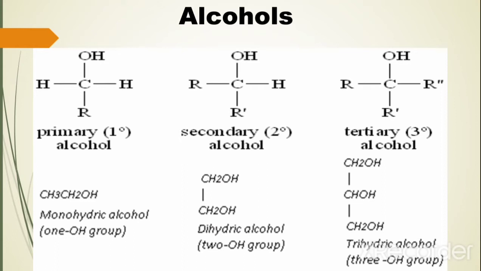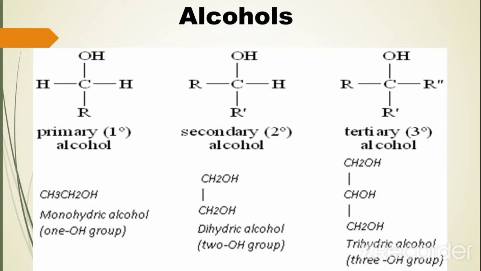And this was in terms of the alkyl groups attached to the carbon that is directly attached to the hydroxyl group. The other classification is by the number of hydroxyl groups. If the compound has one hydroxyl group, we will name it monohydric alcohol.